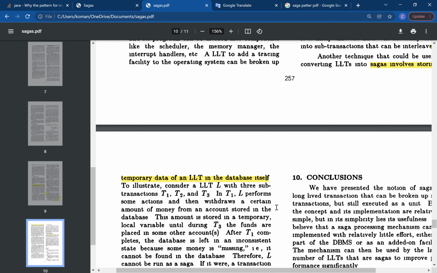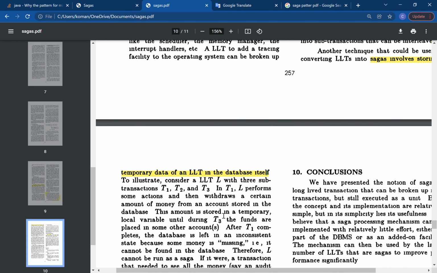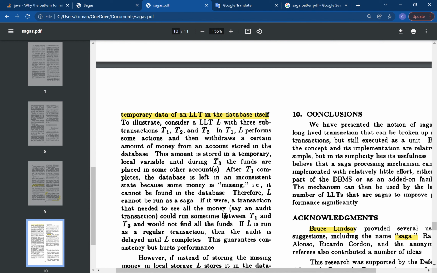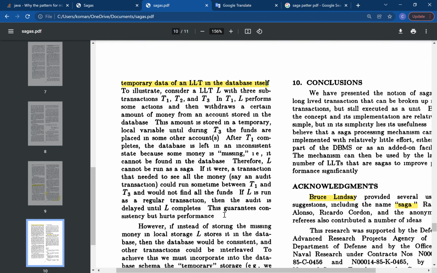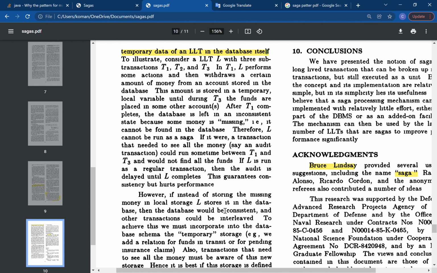But you can read the details here and try to understand how it works and how it may help you in your application.